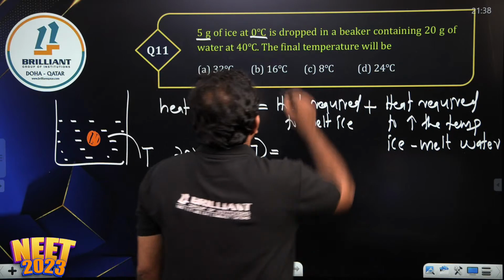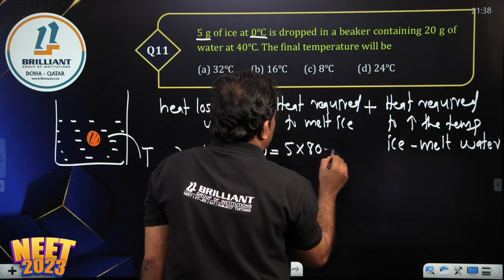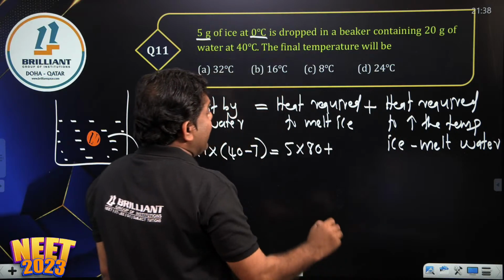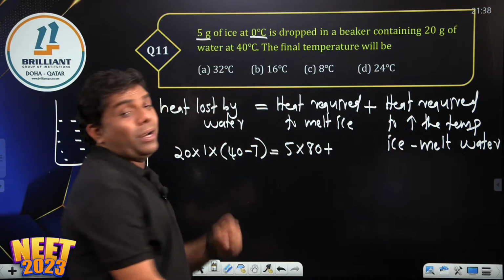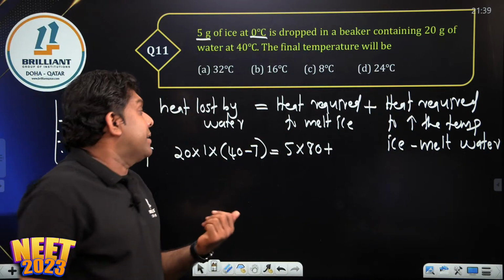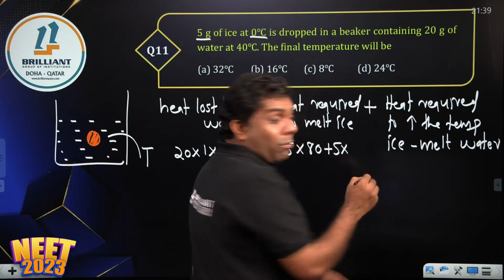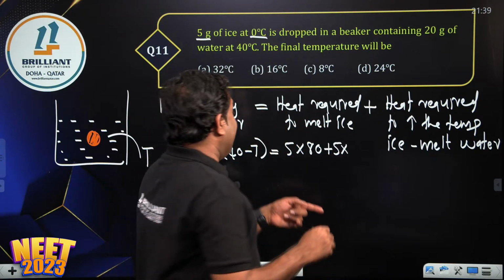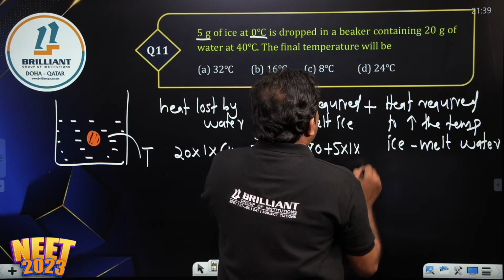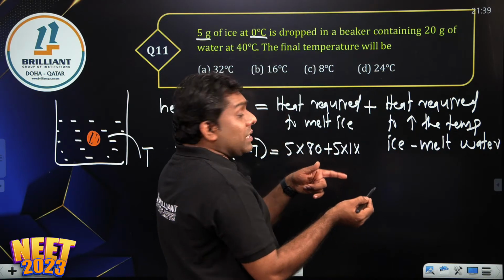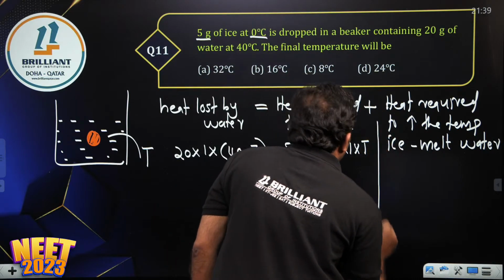So the ice mass is 5 into 80, plus then heat required to increase the temperature of ice melt water. That is also MC delta T. So I can take ice mass is 5, but now ice is water, so the specific heat capacity of water is 1, and its temperature increases from 0 to T.